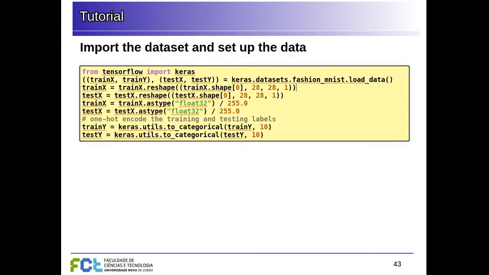And since our convolutional layer is expecting to have examples of this shape, so 28 pixels by 28 with one channel, this is only a grayscale image. If this was a color image, you would have 3 channels there. So that's how we're going to reshape. We're going to reshape our training images to have the same number of rows, the same number of examples, but then 28 by 28 by 1.